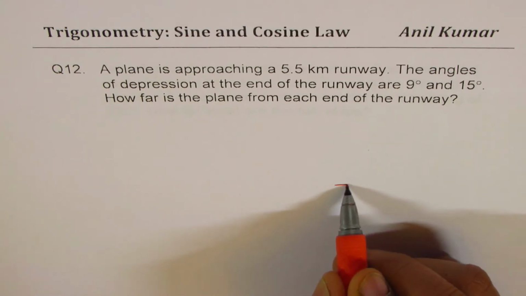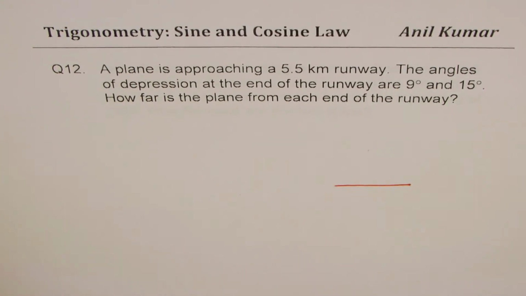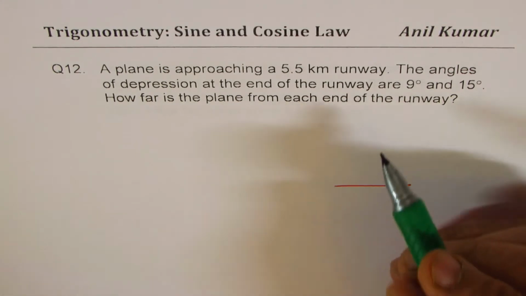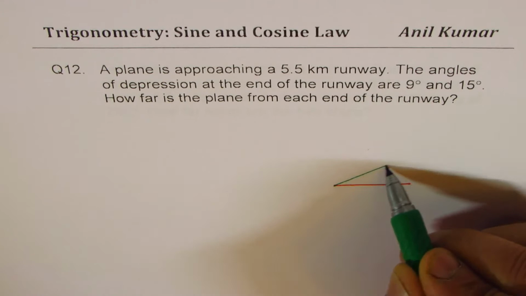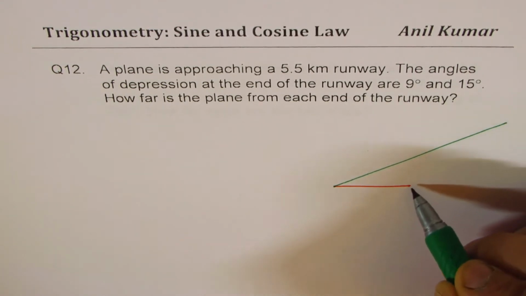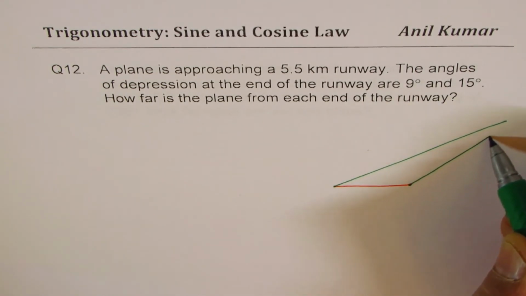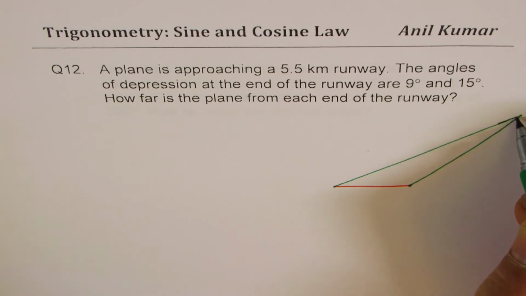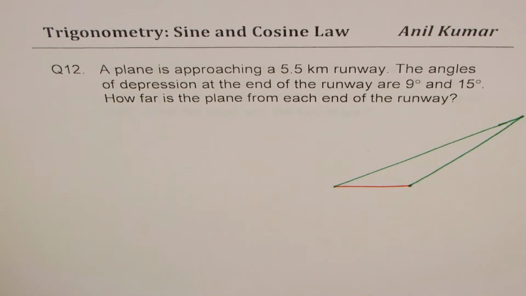Let us say this is the runway, right? So the plane is approaching, let's say the angle which it makes with the two ends of the runway is like this. Let us sketch like this. Now, angle of depression is always with the horizontal.